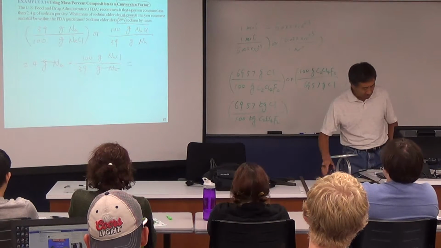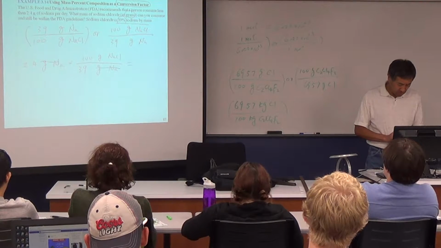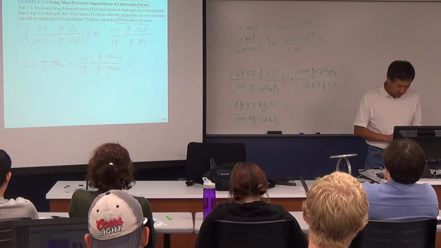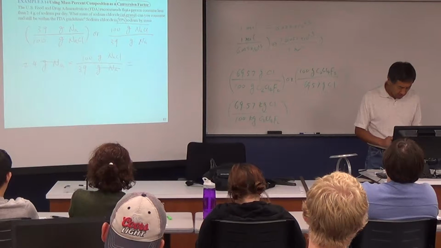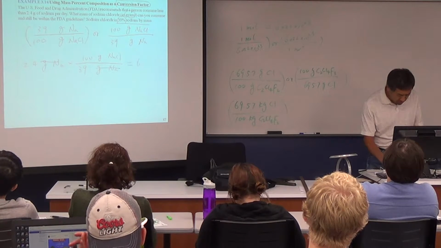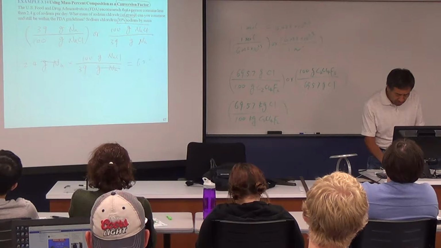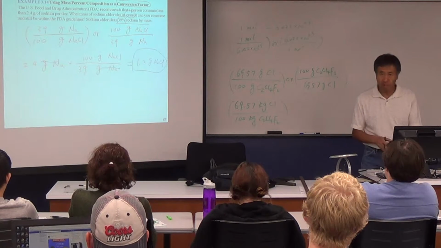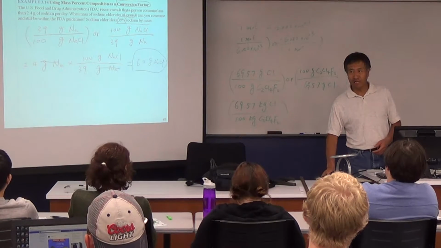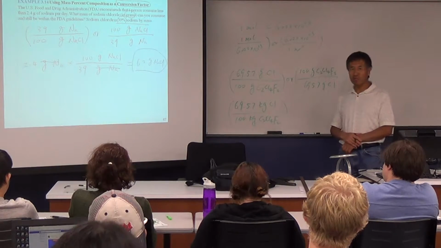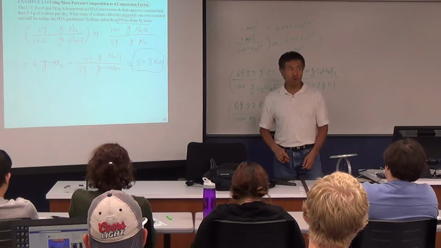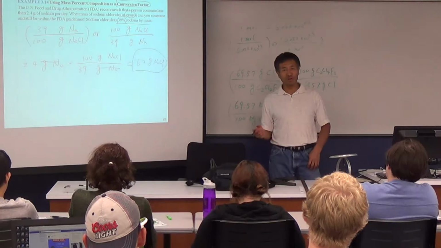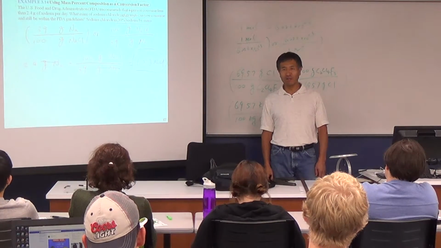What do we get? 2.4 divided by 39 times 100 is 6.2 grams of NaCl. So that's it. We have 2 SF, we have the unit in gram, and we know what we are referring to: NaCl, not Na.